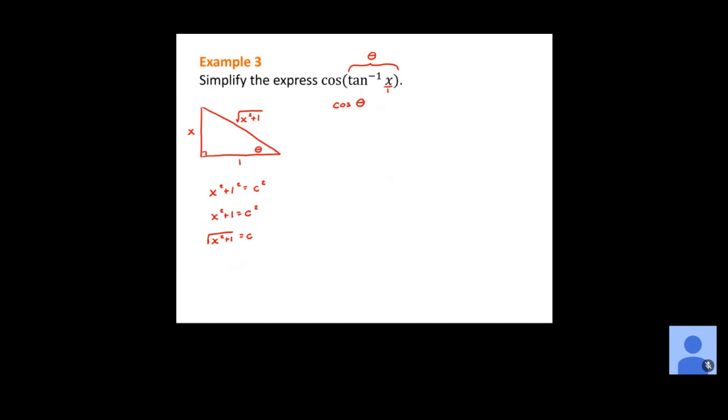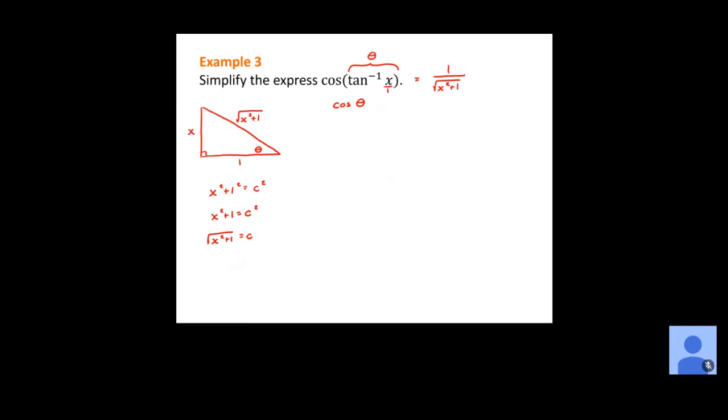All right, now that we know the hypotenuse, what's the cosine of theta going to be equal to then? Good. 1 over the square root of x squared plus 1, because that's our adjacent over our hypotenuse.